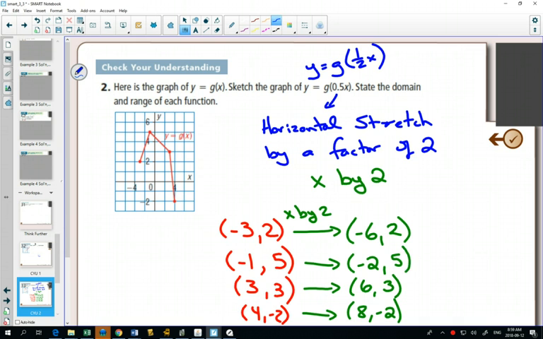And now we'll go to our graph and label all of those points. Negative 6, 2. Negative 2, 5. 6, 3. And 8, negative 2.